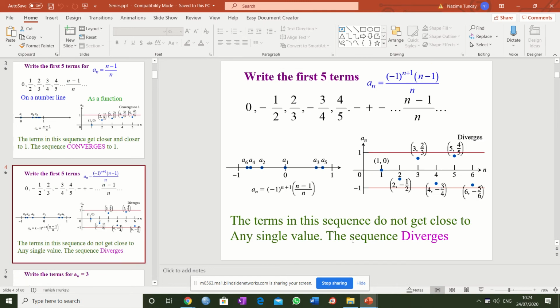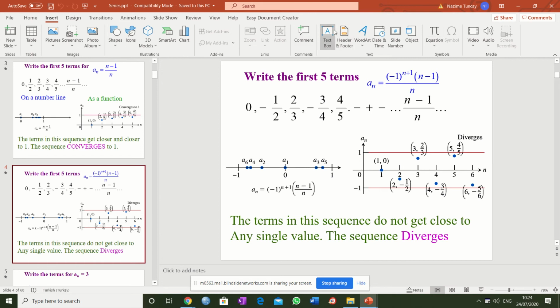And here, again, let us write 5 terms. This is the formula. We have solved these questions before on Wednesday. So here, how can we write the formula? We substitute 1, 2, 3. So we put n equals 1, 2, 3, 4, 5. Let me write them here.